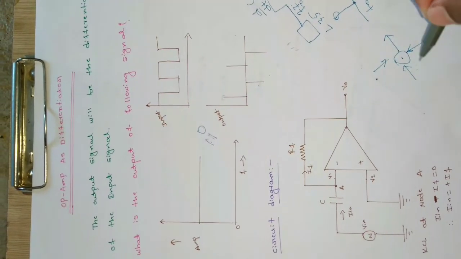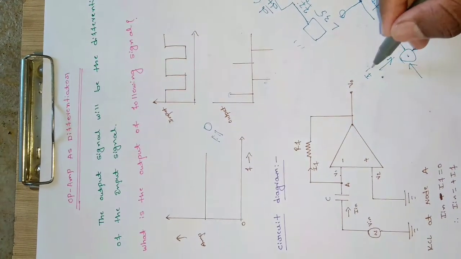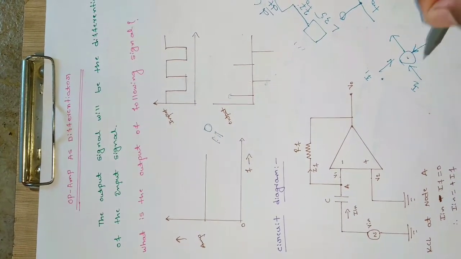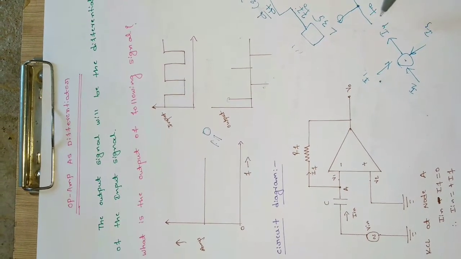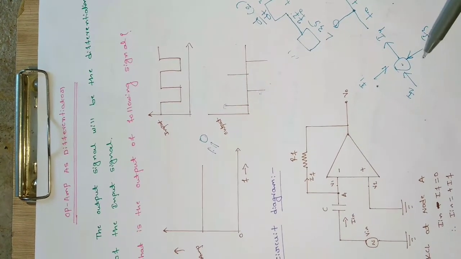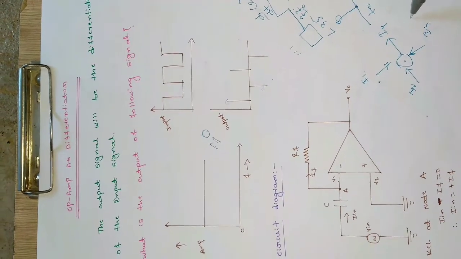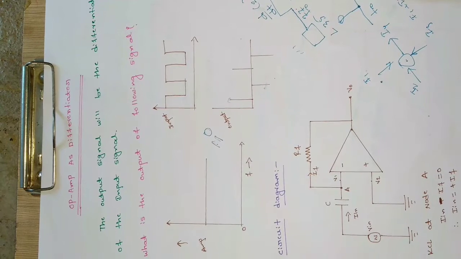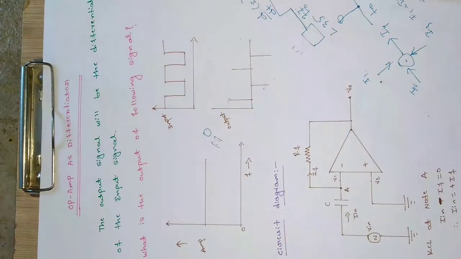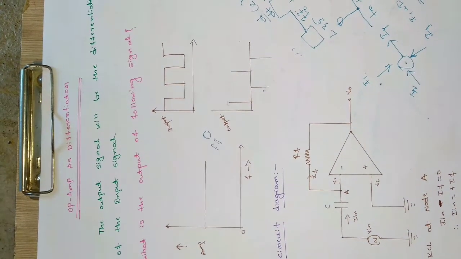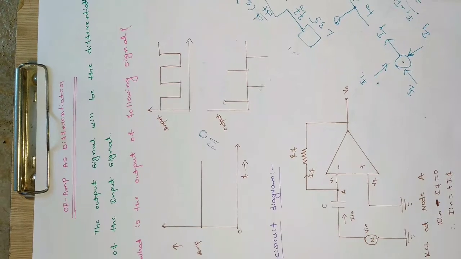If these are the three currents I1, I2 and I3 entering the junction, and this is the fourth current I4 leaving the junction, then the sum of I1 plus I2 plus I3 will be equal to I4.